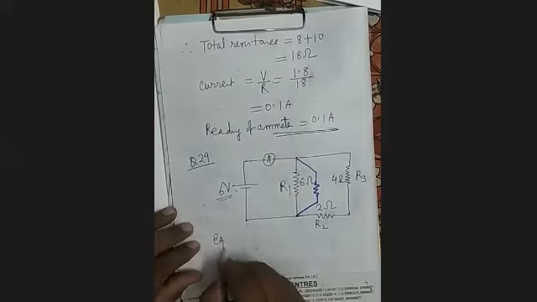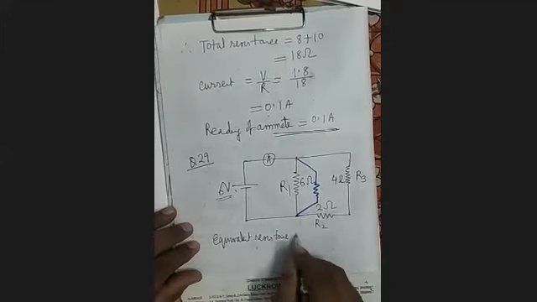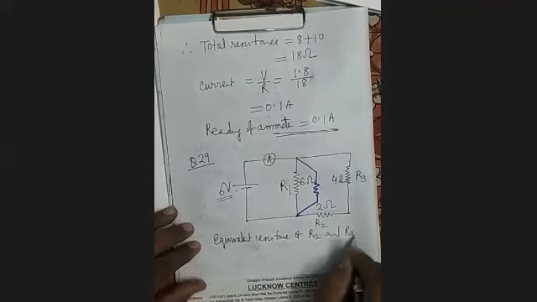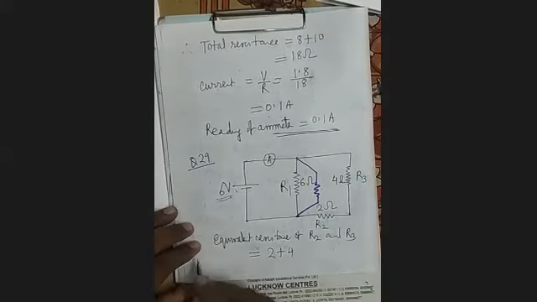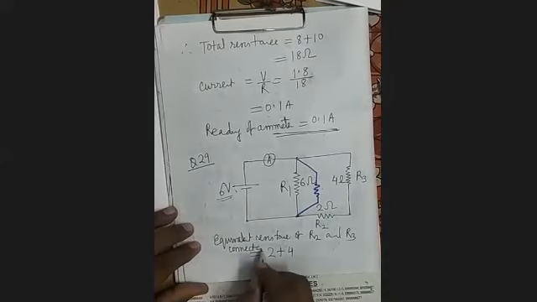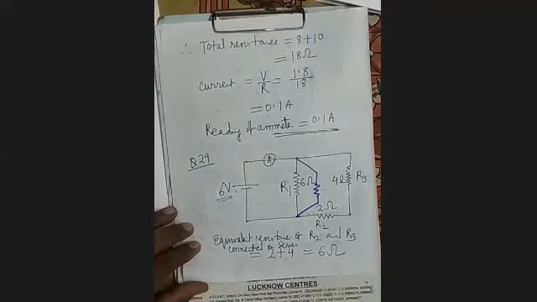So see here, you do equivalent resistance. R2 and R3 equals 2 plus 4 connected in series. You write down connected in series. That is 6 ohm. It's clear?